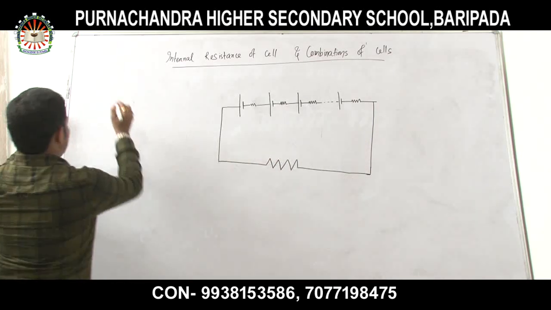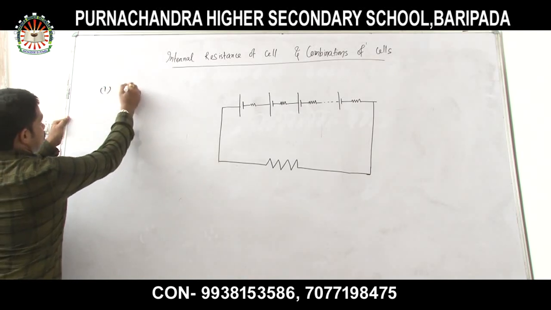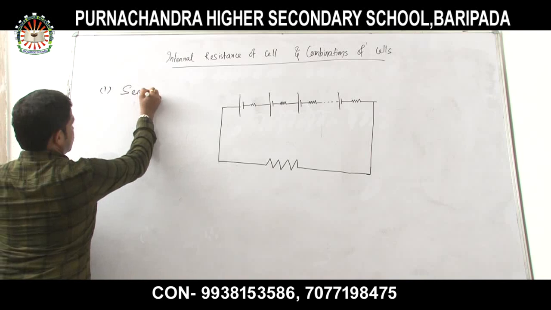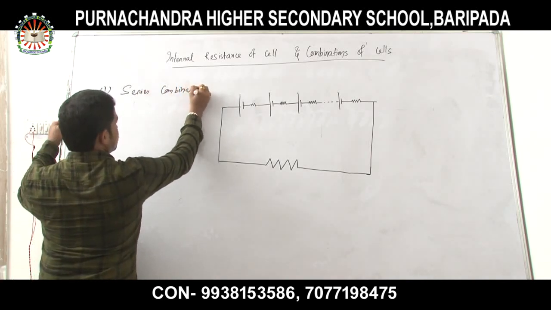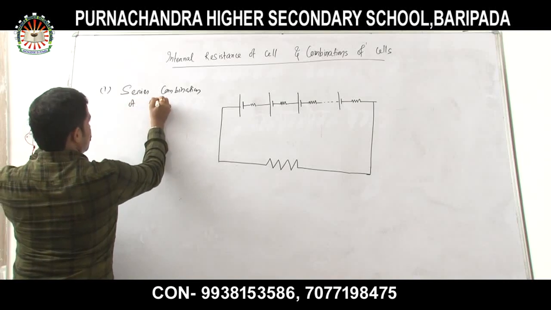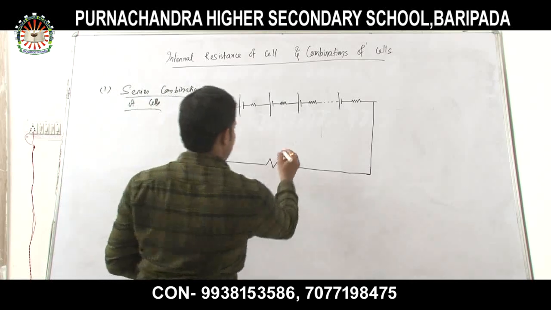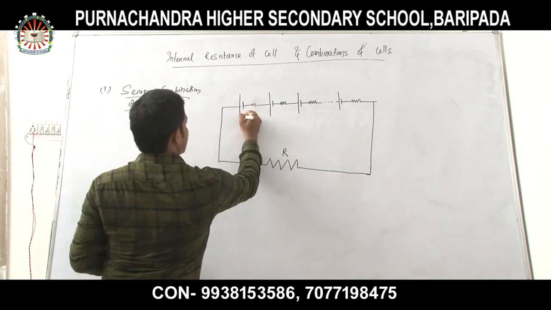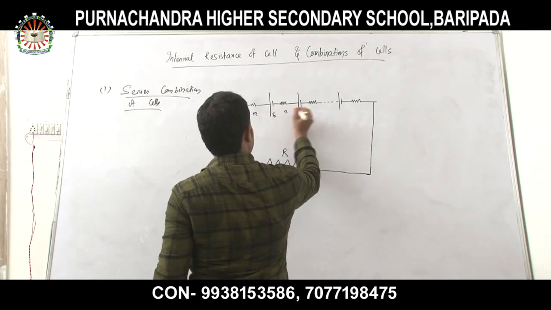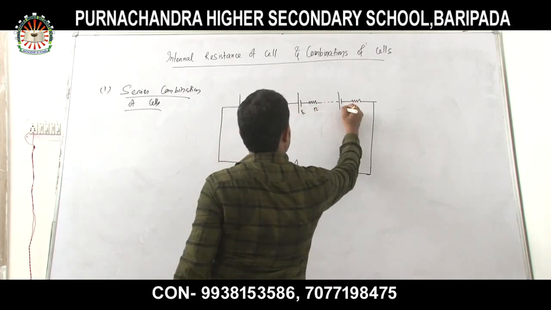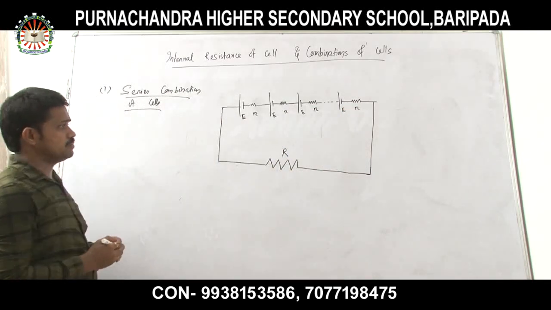Okay, so first of all, the first type of combination we are discussing is the series combination. Series combination of cells. Let us discuss the series combination of the cells.